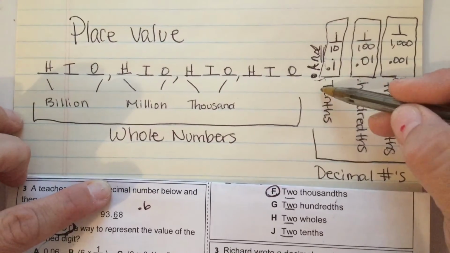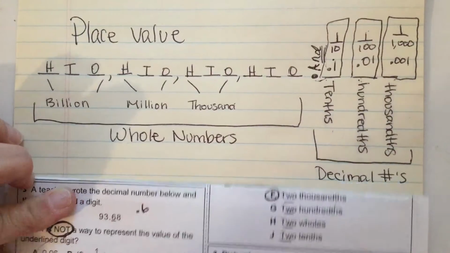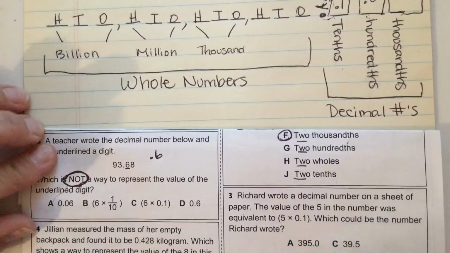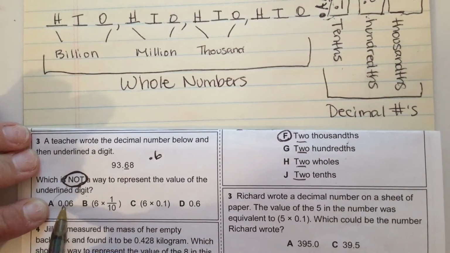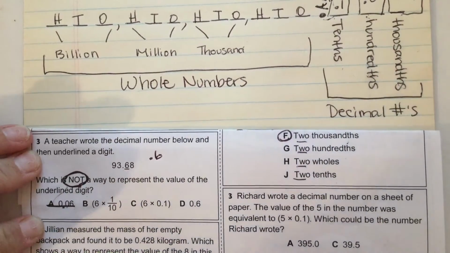Okay, you should have said tenths because it's the first place to the right of the decimal. So if I'm looking at my answer choices, A is not 0.6. It's not the same thing, is it? So that one's out.